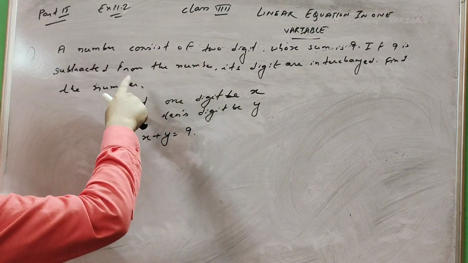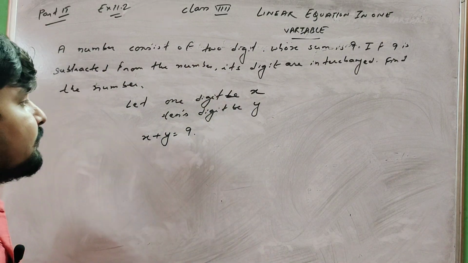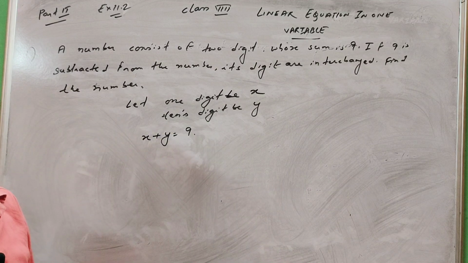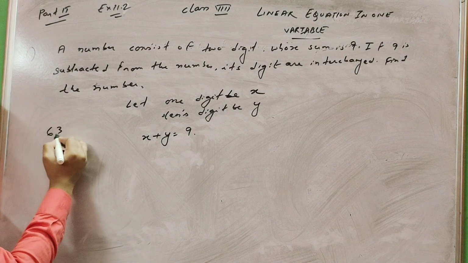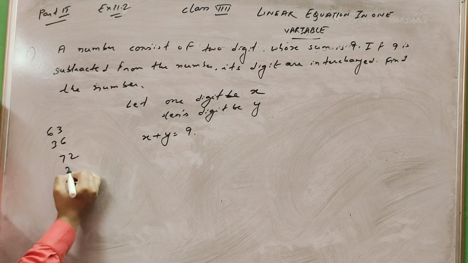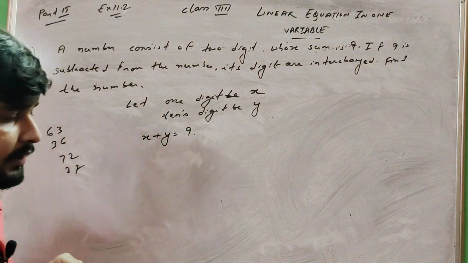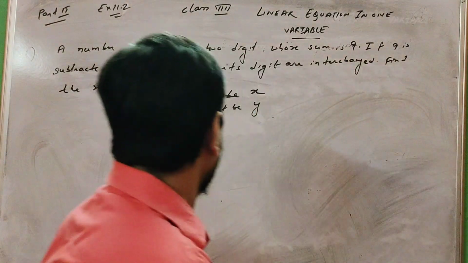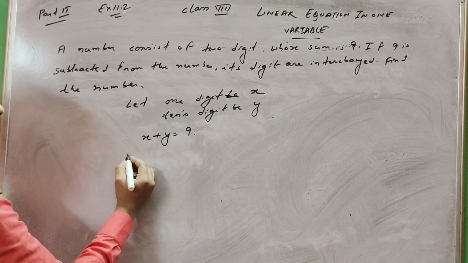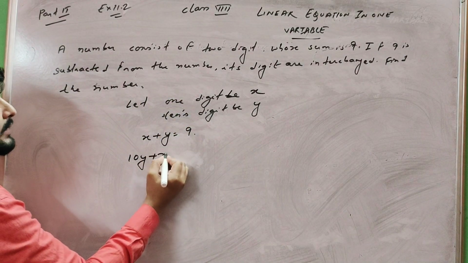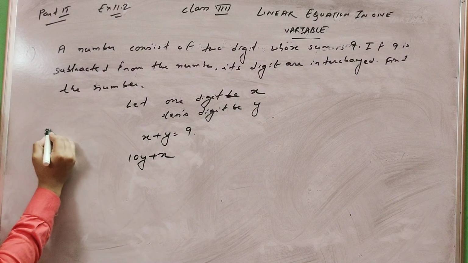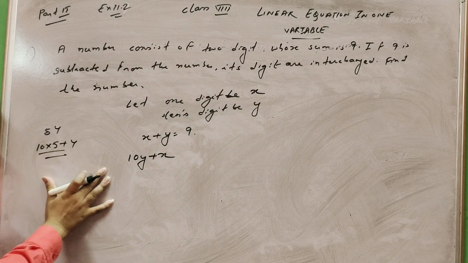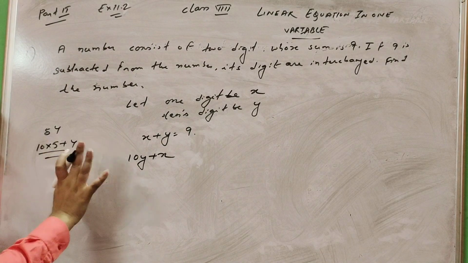If 9 is subtracted from the number, the digits are interchanged. That means suppose 63 is converted into 36, or 72 is converted to 27, the digits are interchanged. So the number is written in this manner: 10y plus x. Suppose you want to write 54, how do we write? 10 into 5 plus 4, 50 plus 4, that is 54.